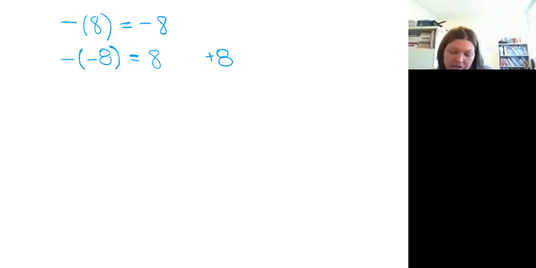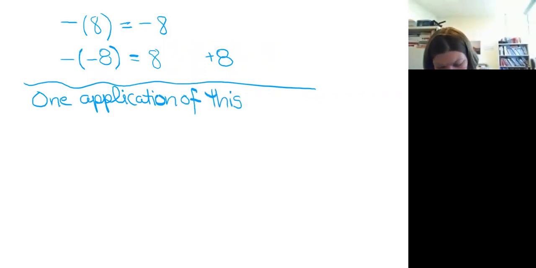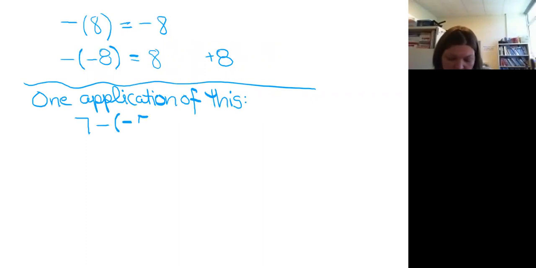So this actually comes up all the time in math applications. So what I wanted to look at with you was just a few applications of this on the GED itself. So one application of this concept: if you've been doing any addition and subtraction problems with negative numbers, you've found out that sometimes this weird thing happens where you have like minus a negative number.